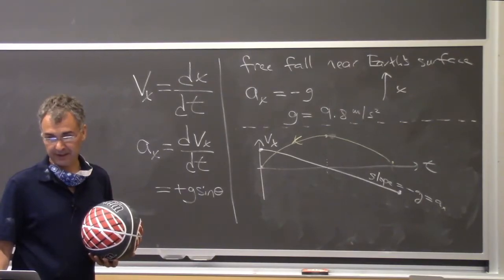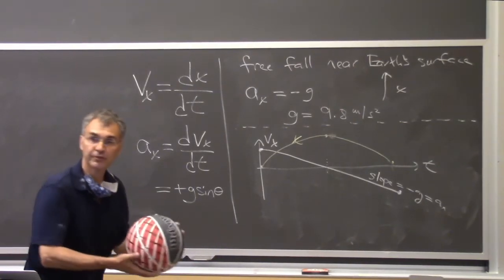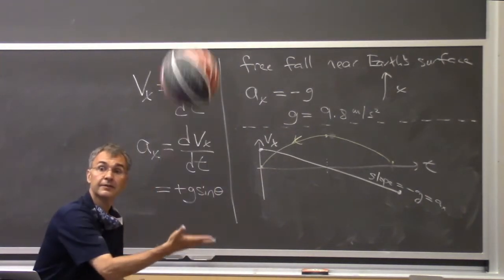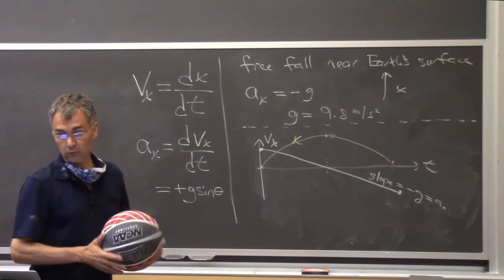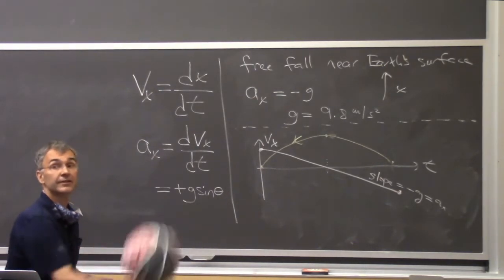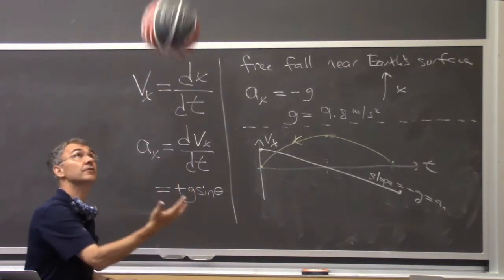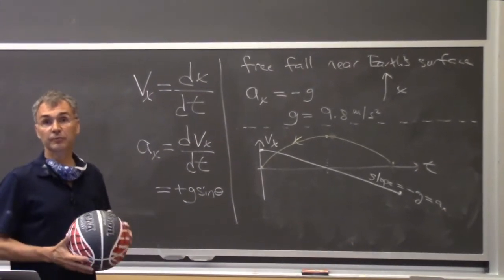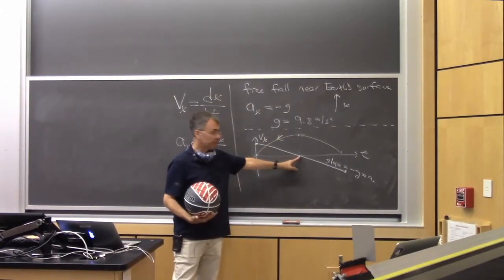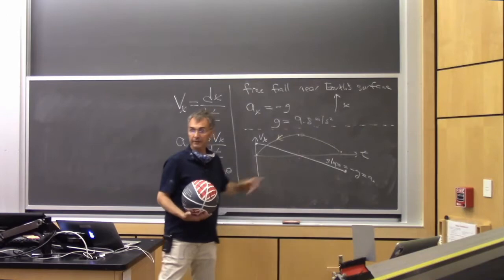By the way, at the very top of the basketball's trajectory, at this point, what is the value of v sub x at this point? So stop for just a moment and think. I say v sub x is 0 at that point.